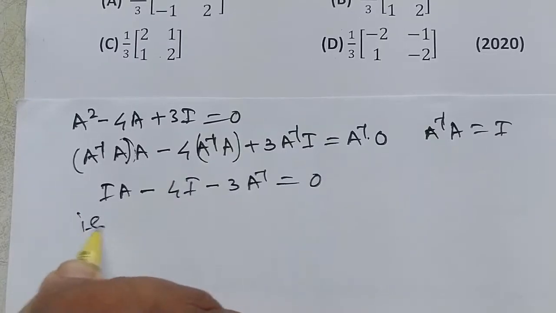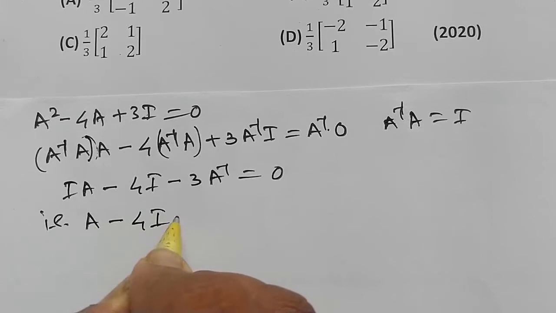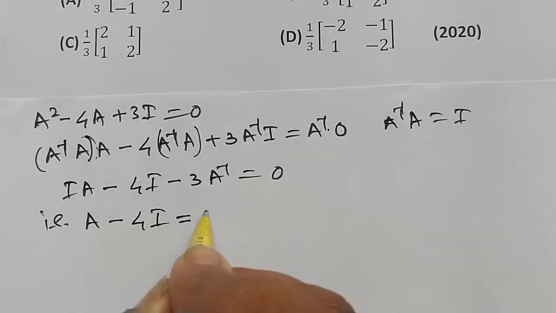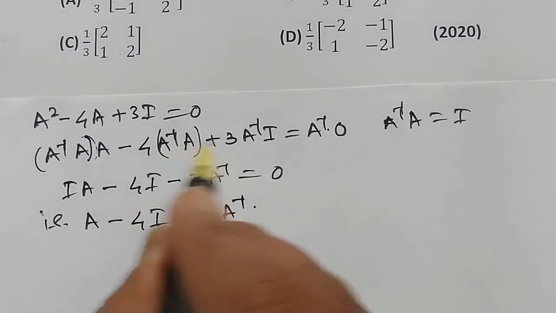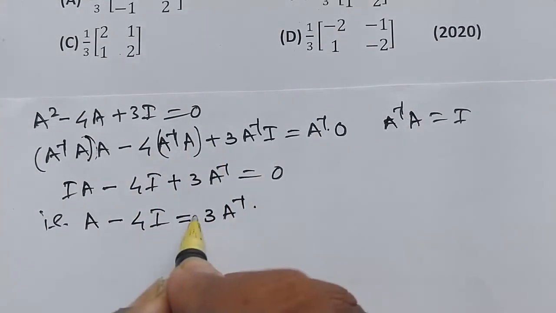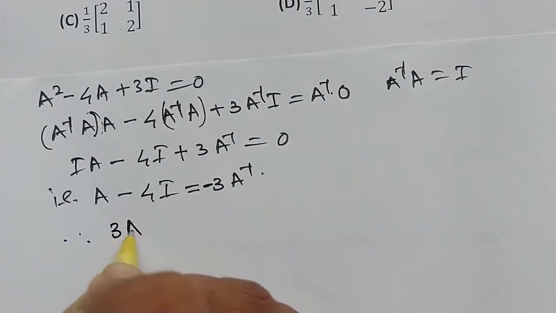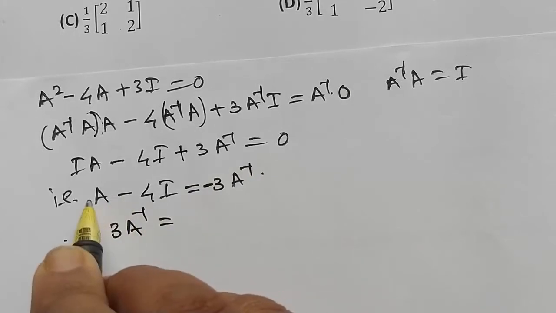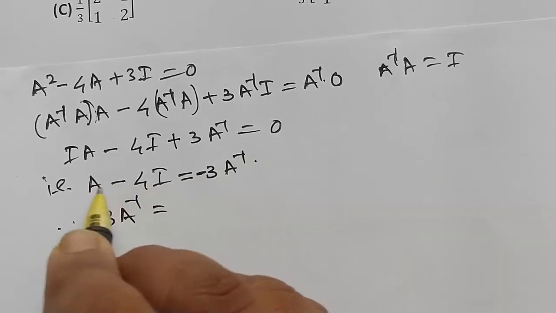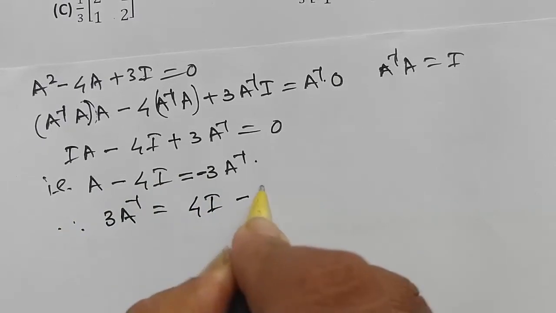That is A minus 4I is equal to minus 3A inverse. Here it is plus, so it is minus, and therefore 3 into A inverse is equal to, we multiply minus to each term, so it is 4I minus A.